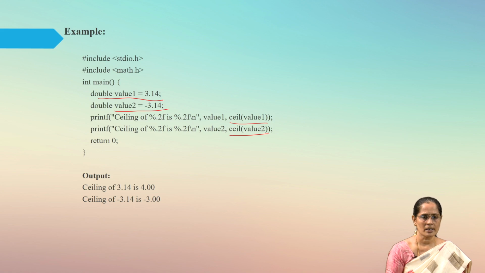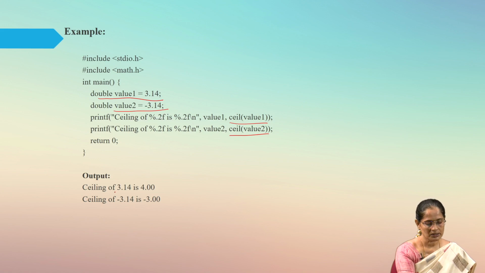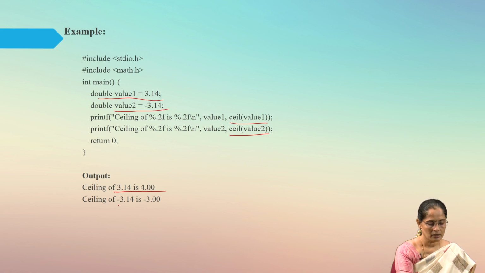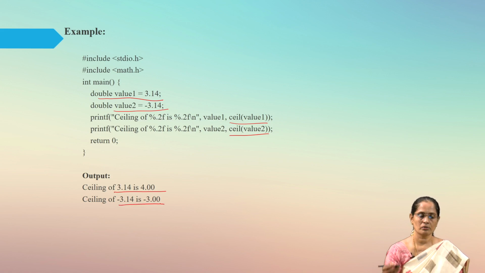If you are rounding up, the positive value is rounded to the next higher integer, and the negative value will be rounded again to the next higher integer, but since it is a negative value we will be getting minus 3.0.